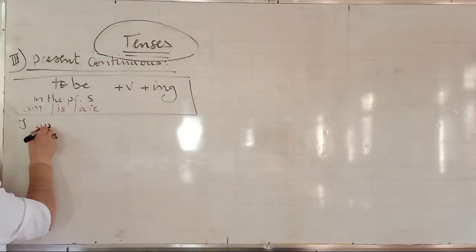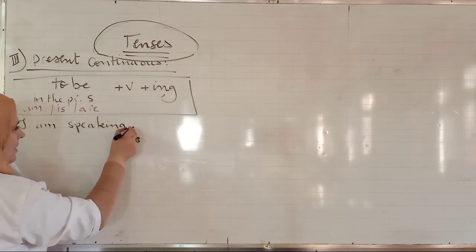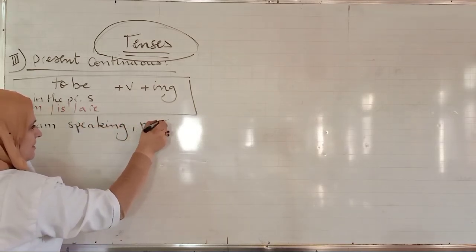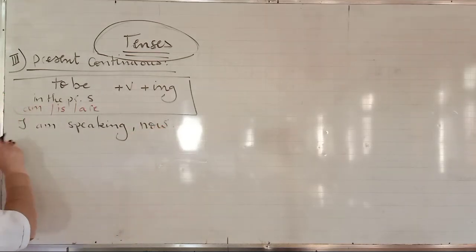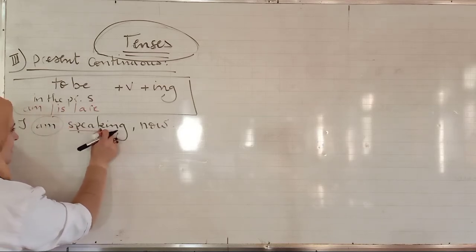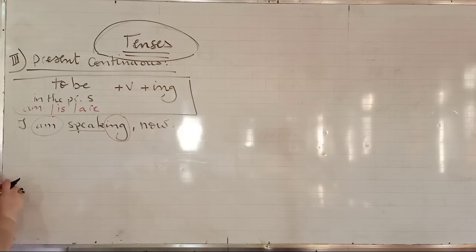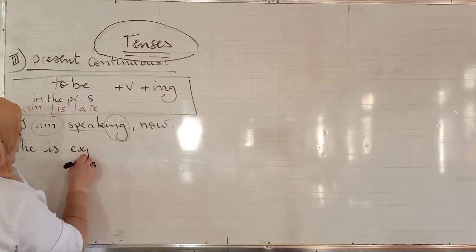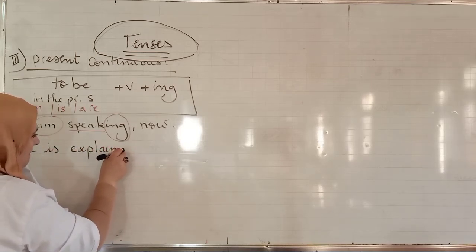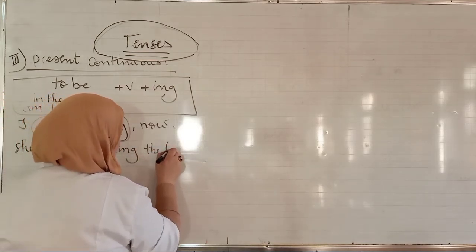I am speaking now. I am speaking now. Full stop. So, auxiliary to be plus verb plus the ing form. Okay, the progressive tense. For example, she is explaining the lesson.